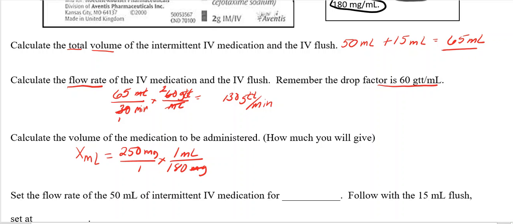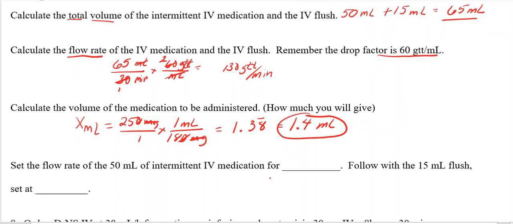My milligrams cancel, my zeros cancel, and I got 25 divided by 18, which gives me 1.38 repeating. Since it's greater than 1, we round to 1 decimal place, which makes that 1.4 milliliters. So I'm going to put 1.4 milliliters into that volume control chamber.